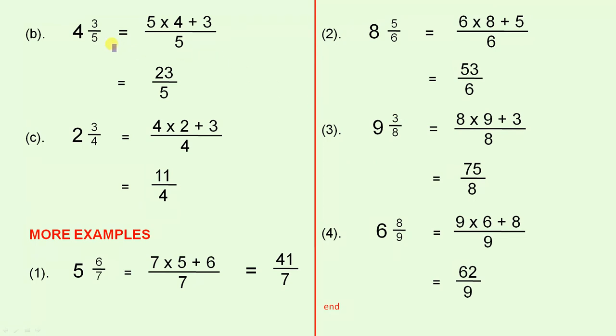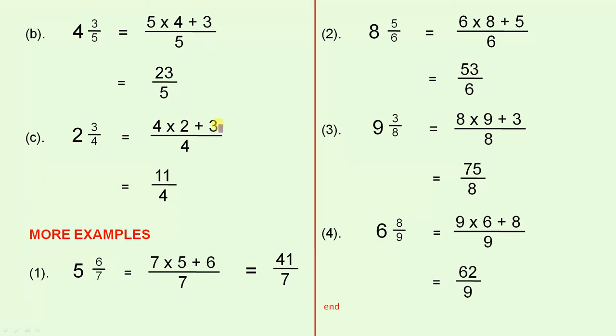Next example, 4 3/5. 5 times 4, then you add the 3. There it is there, and you place that over the original denominator. 5 4s are 20, plus 3 is 23 over 5. And there's our answer. And 2 3/4, 4 2s are 8, plus 3.